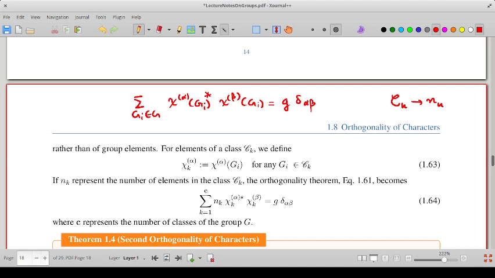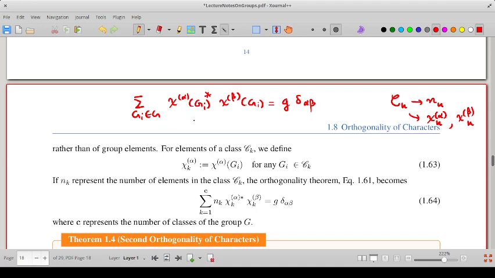Then the character of all of them will be the same, and we represent the character as chi k, and to show the representation to which it belongs, we also have an index representing that. If it is in gamma alpha, the irreducible representation gamma alpha, we write it as chi alpha k. So the character of this class in the representation gamma beta will be written as chi beta k.